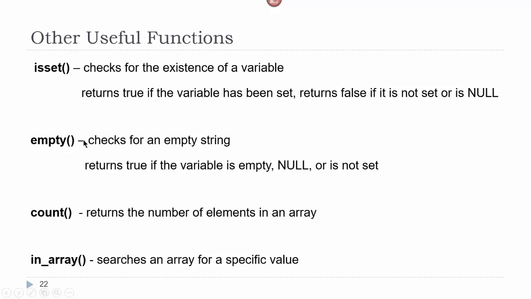So technically empty can be used, it is very similar to isset, except that it does a little bit more than isset. The count function will return the number of elements in an array, and we have the in_array function where if you pass it a parameter, it can return the value for that key. And I have examples of using these in my form demonstrations.